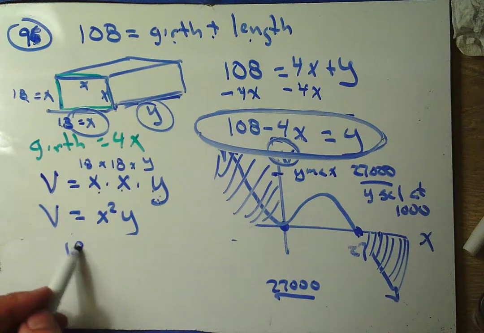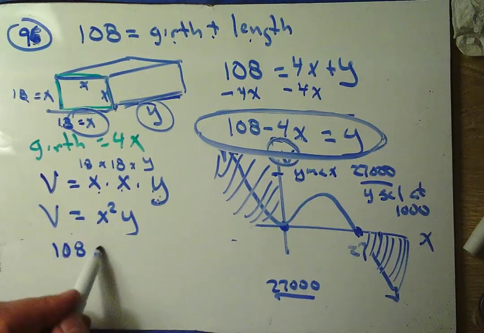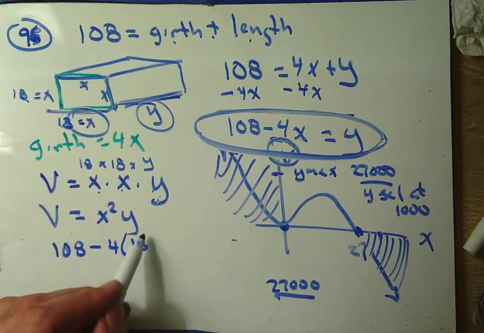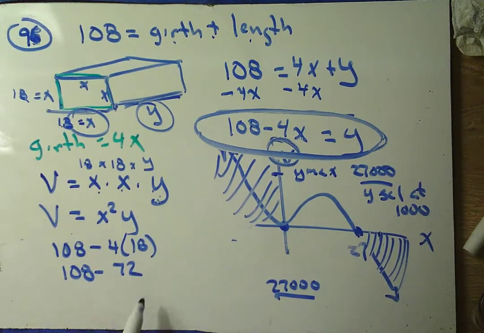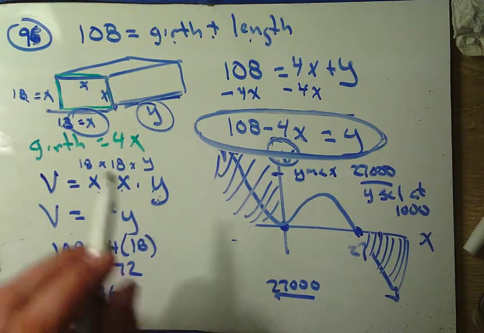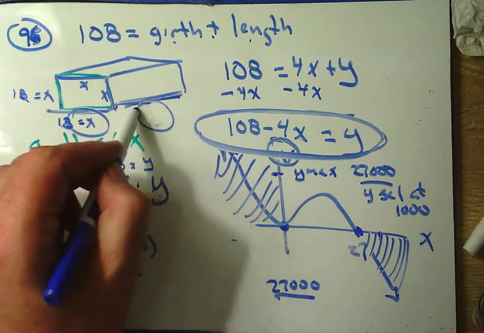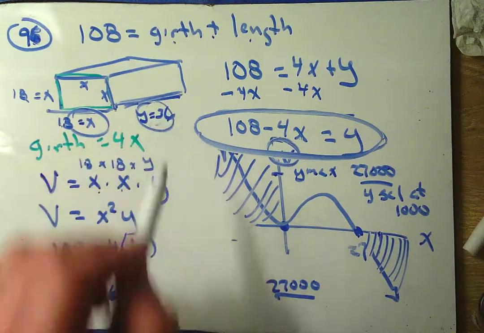Well, 108 minus 4 times 18 is 108 minus 72, or 28 and 8 is 36. So we know that y needs to be 36.